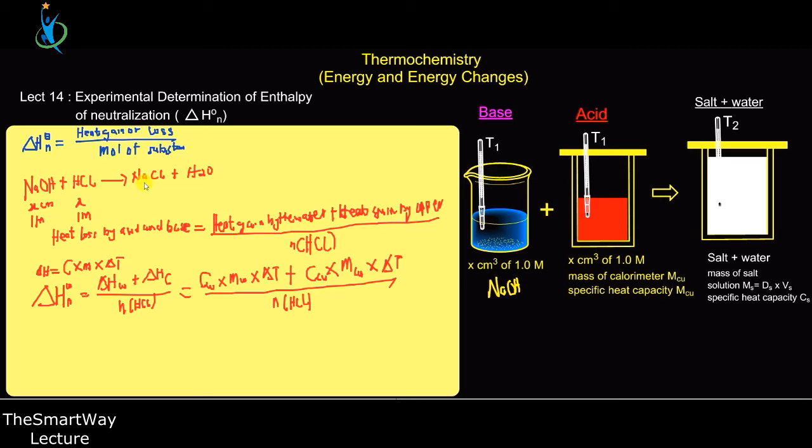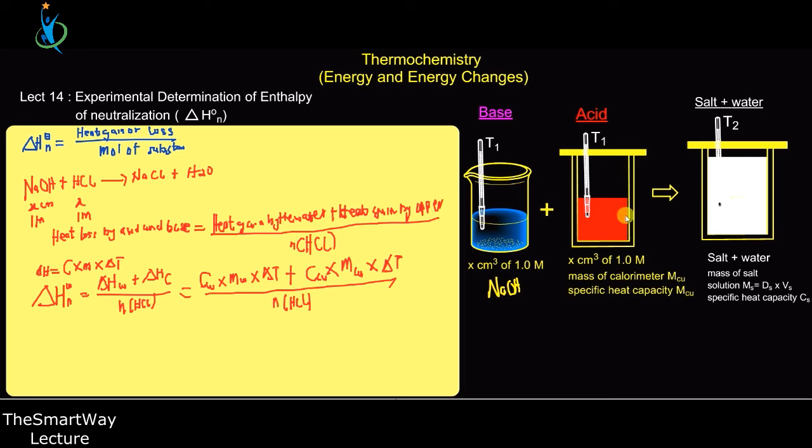This is based on the fact that the quantity of the salt solution that is produced is small, and so the density is still close to water. And so we usually use the water instead of calculating the heat gained by the salt solution. The right way is that we should have used the heat gained by the salt solution, but this time we are using the heat gained by the water.